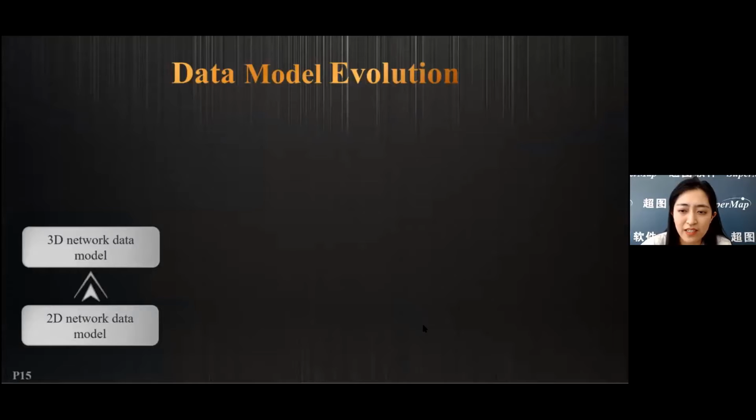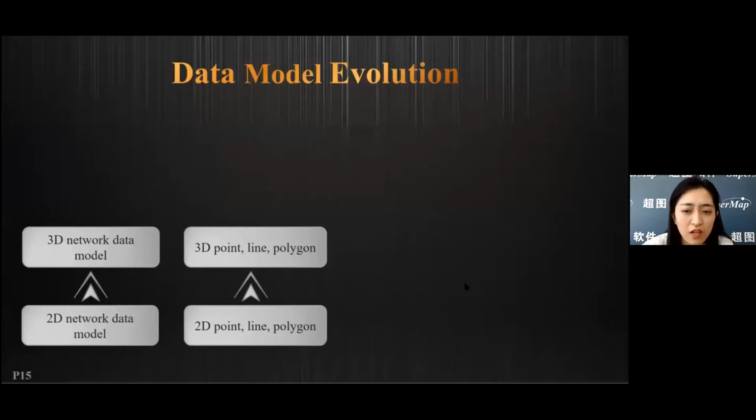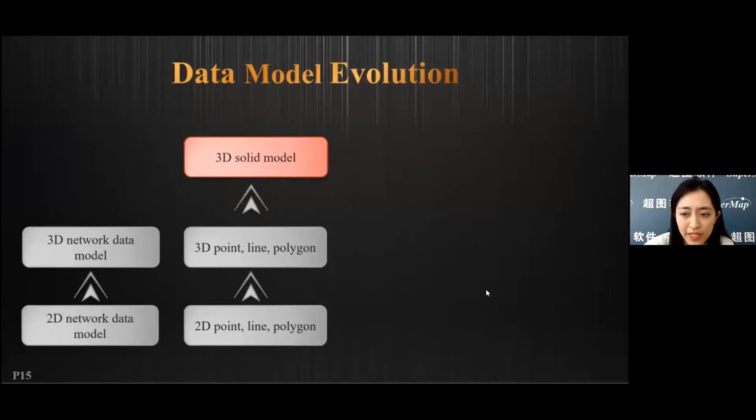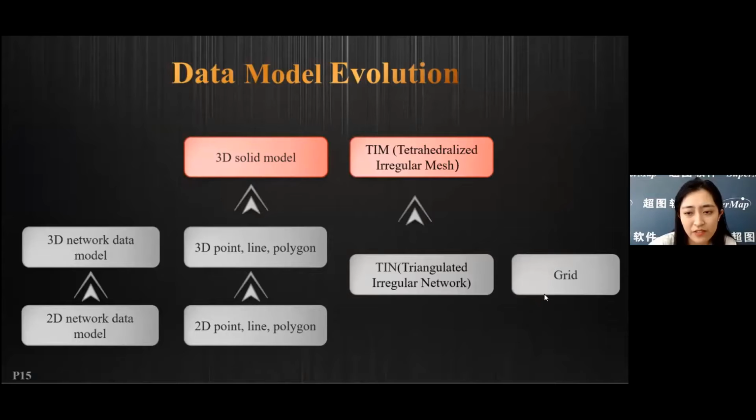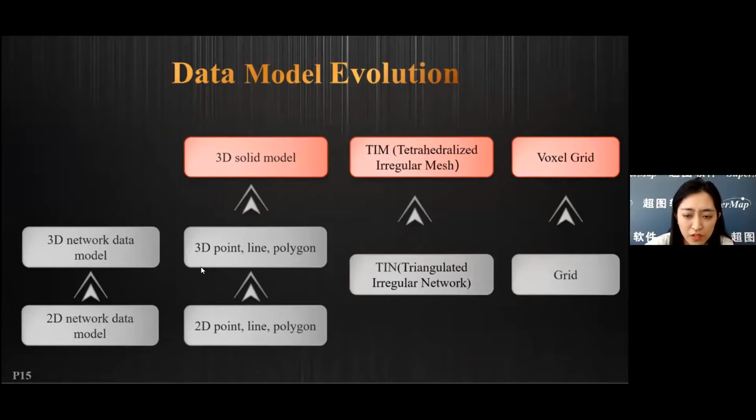Let's take a look at the data model's evolution. We completed data model upgrading work from 3D vector grid TIN to 3D solid object model and TIM for 2D and 3D models. Firstly, we upgrade the 2D network model with topological relations to the 3D network data model, which conveniently represents the urban road network and BIM pipeline.